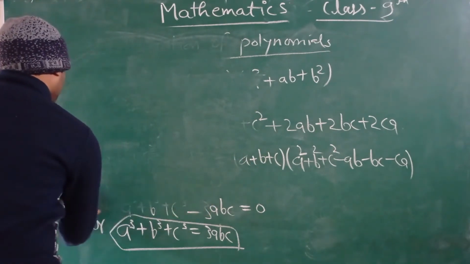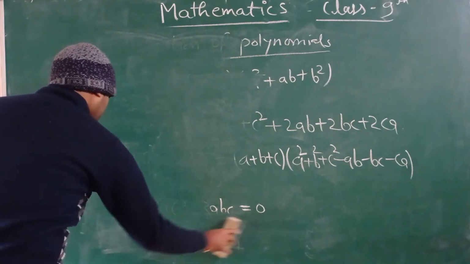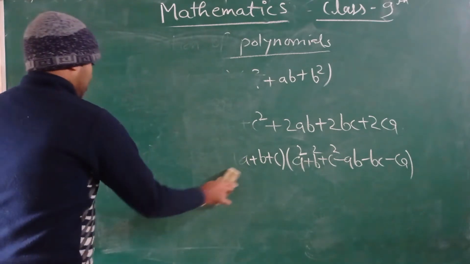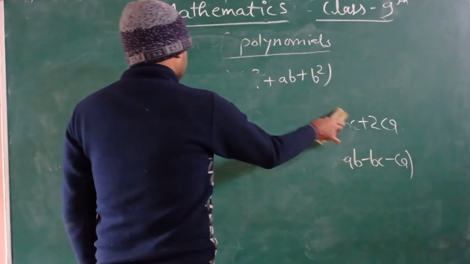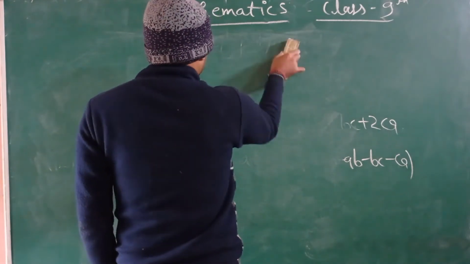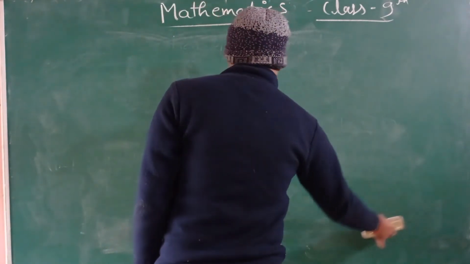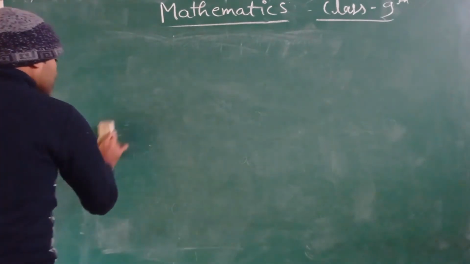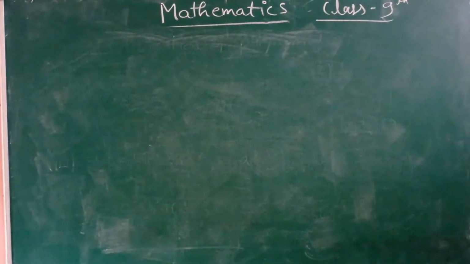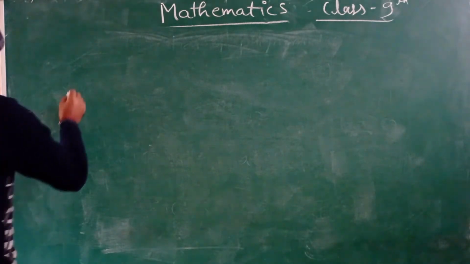The first question for you is: factorize x square minus 49.